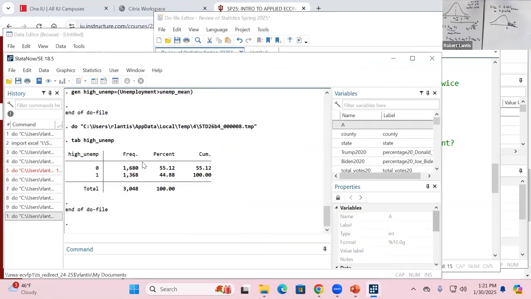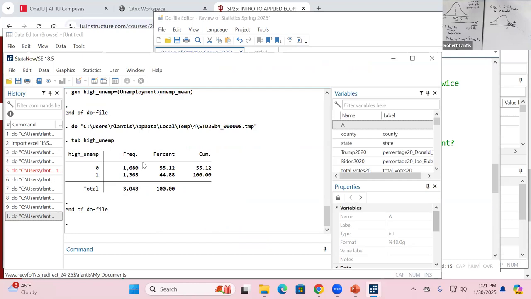So what is it telling me? What percent of my counties have a below mean unemployment rate? So what percent of the counties? When will that variable be equal to 0? When the unemployment rate in the county was below the mean.